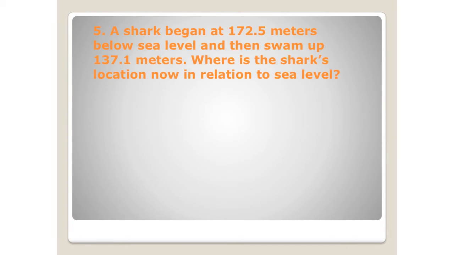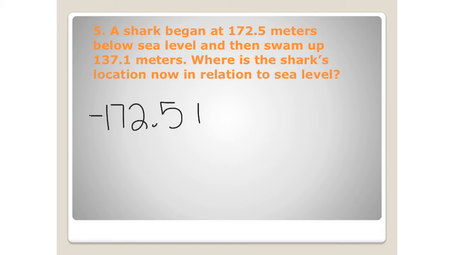Question 5. A shark began at 172.5 meters below sea level and then swam up 137.1 meters. Where is the shark's location now in relation to sea level? Remember, sea level is 0, so we're trying to figure out where the shark is. He first began at 172 5/10 below sea level. That means we have a -172.5. But then he swam up 137.1 meters.